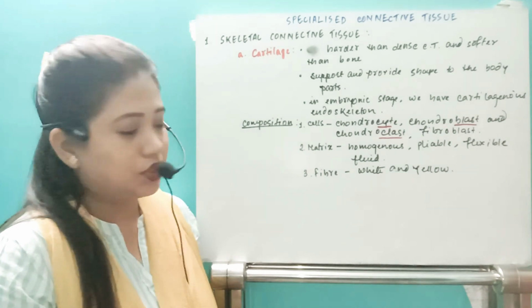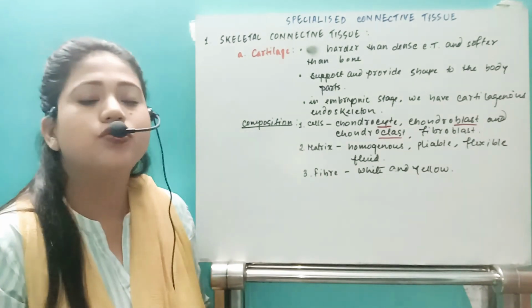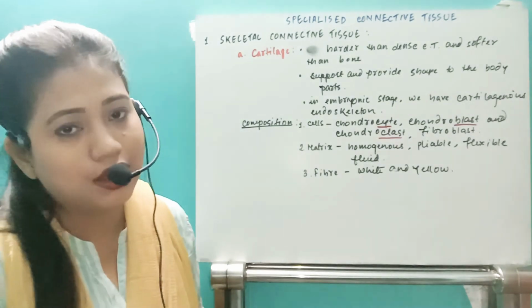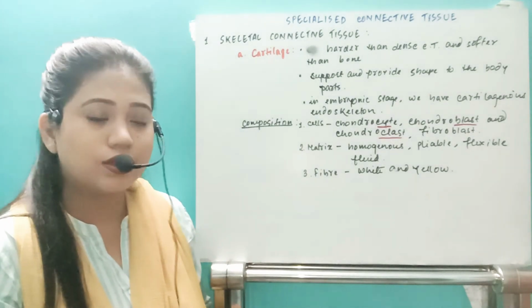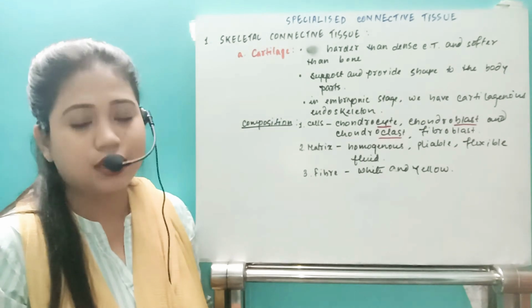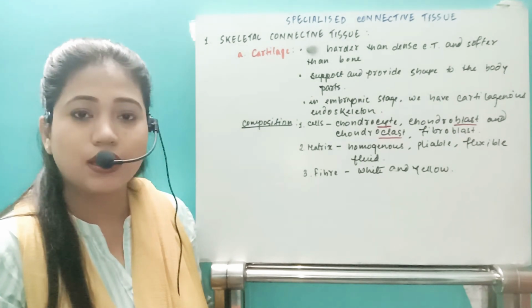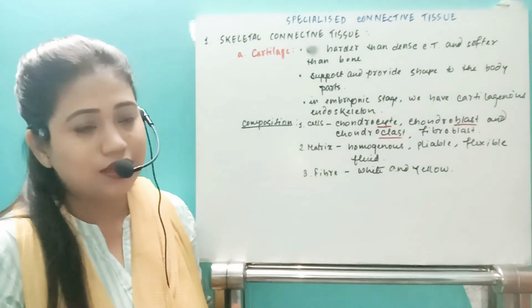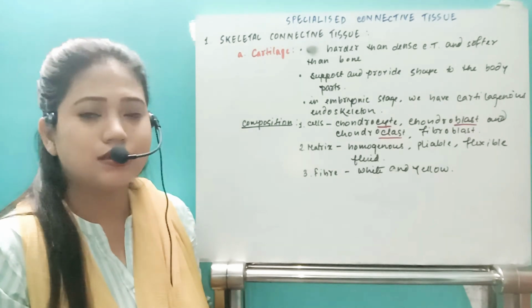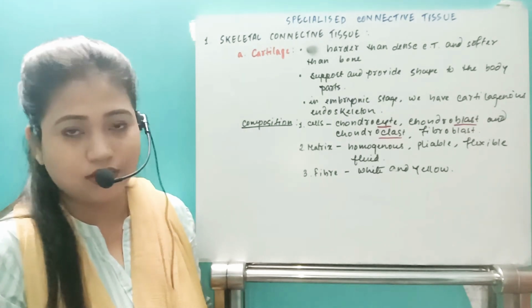The third composition is the fiber. So we know already that there are two types of fibers present. What are they? They are white and yellow. If it is white fiber, it is made up of collagen protein, and if it is the yellow fiber, it is made up of the elastin protein, right?